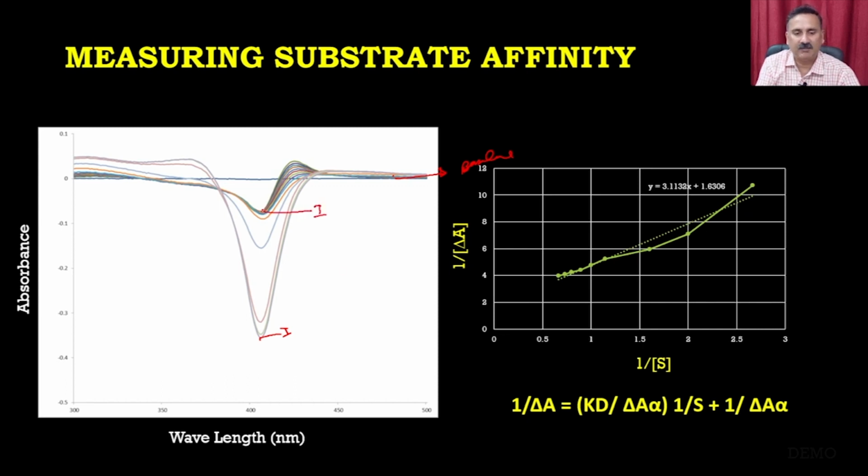From each curve you can calculate the delta A, which means how much is the dip of the absorbance, and then you can calculate 1 by delta A. Similarly, you can calculate the substrate concentration and 1 by substrate concentration, and then make a plot between 1 by delta A and 1 by substrate. That is going to give you a linear curve.